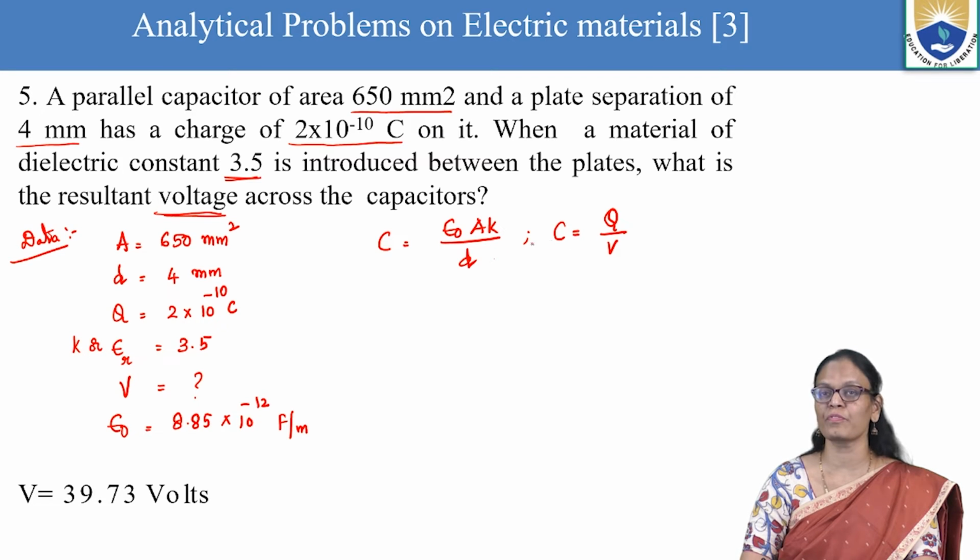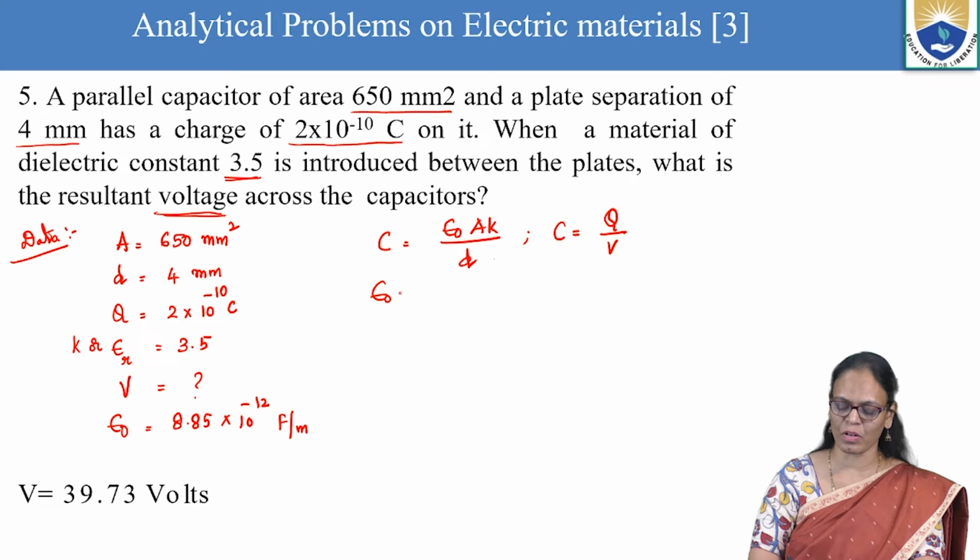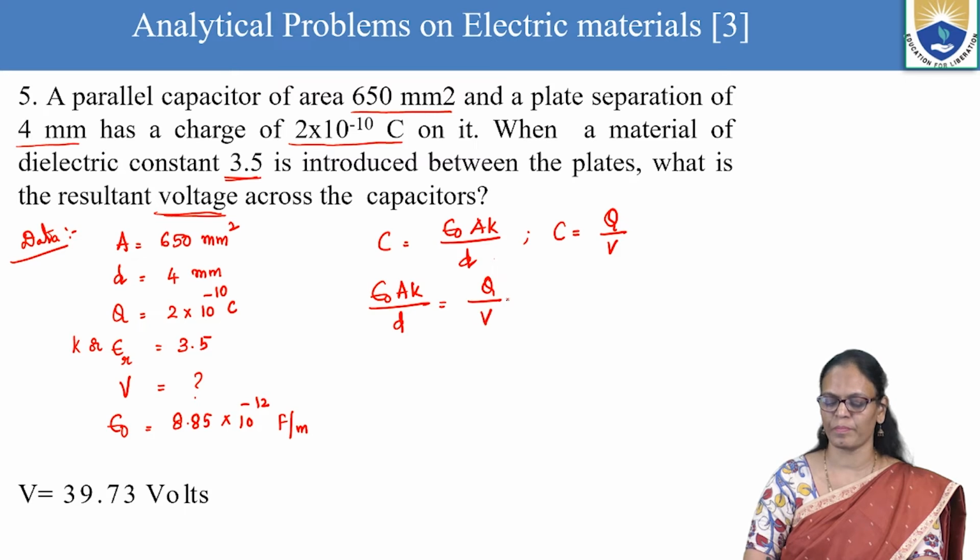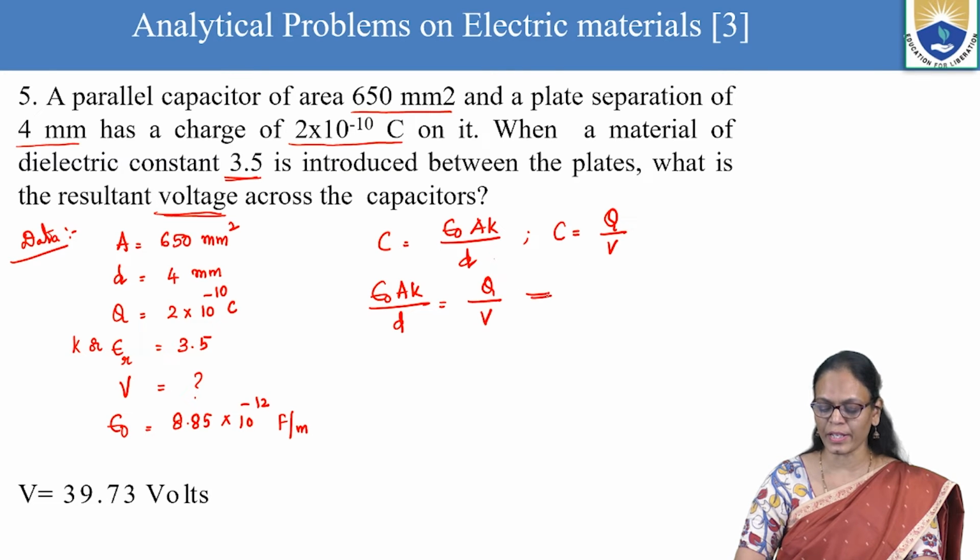Both are the formulae for capacitance, left hand side is the same, so the right hand side should be equal. So epsilon naught AK by D is equal to Q by V. From this we can deduce the formula for V. So V will be equal to Q into D upon epsilon naught AK.